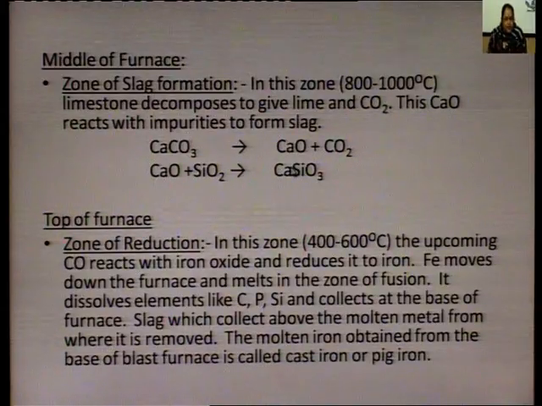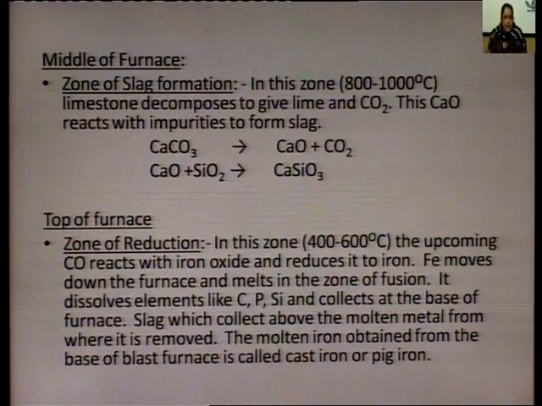So, this will come down and collect in the lower zone of the blast furnace, where two layers are formed. In the lower compartment, one will be the layer of the slag, and the second will be the layer of the metal.